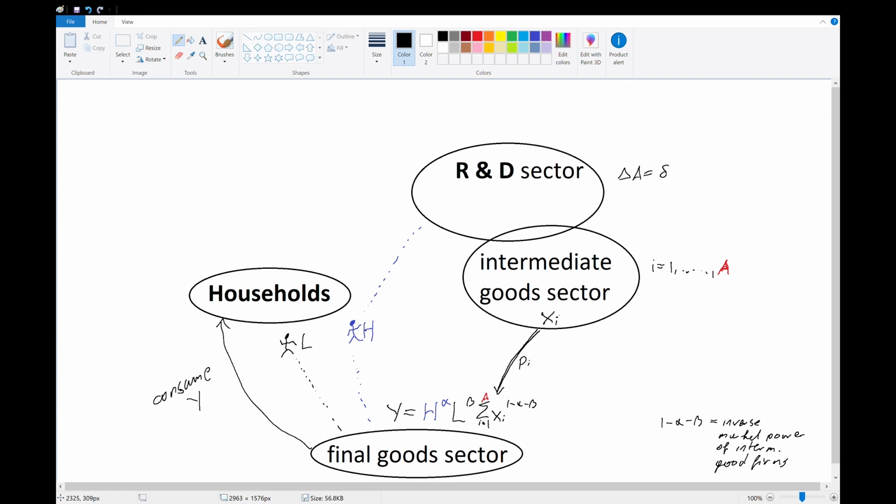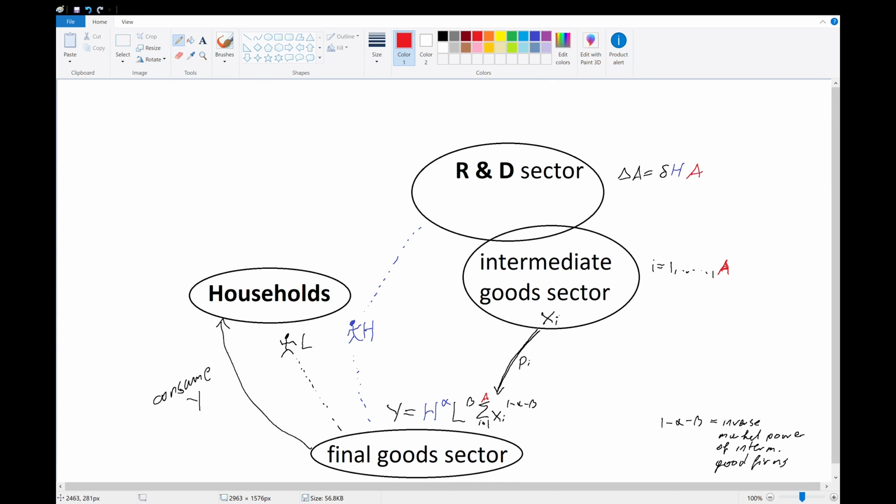That's a constant times human capital in this sector. So this sector needs engineers, researchers, scientists, so human capital, and this human capital builds on the existing stock of knowledge.